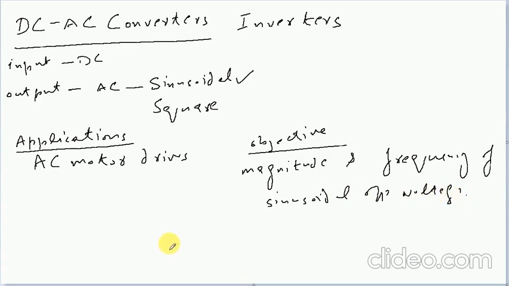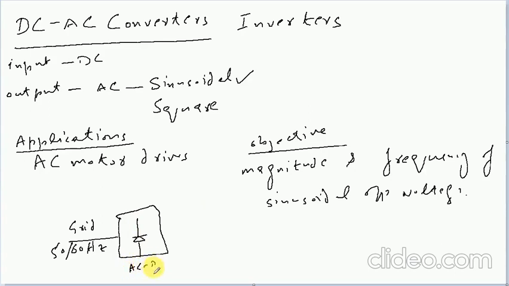So in AC motor drive applications, what do we have? We have some input coming from the utility or grid, which often has a frequency of 50 or 60 hertz. If it is an uncontrolled rectifier circuit, it will convert this AC into DC voltage.